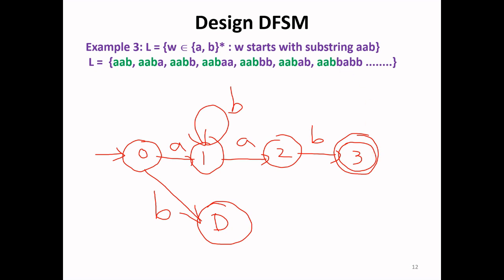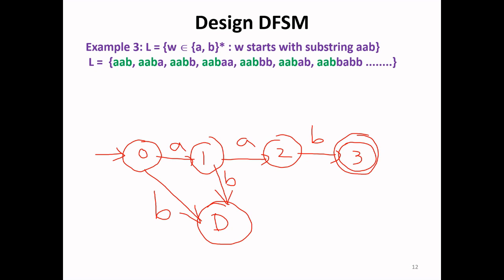So again I cannot take a self loop for B. So what to do? Go for using the trap state: from state 1, transition B going to the dead state.